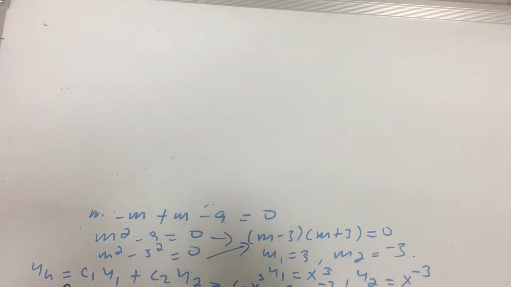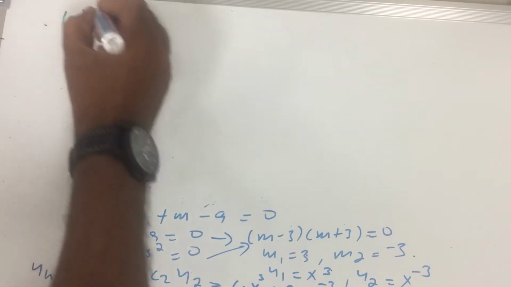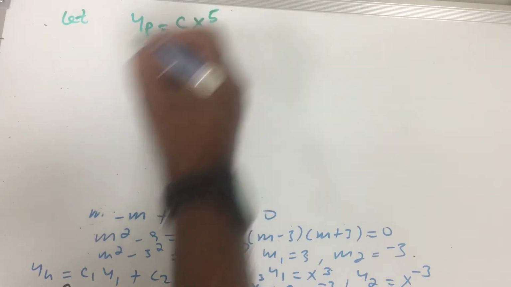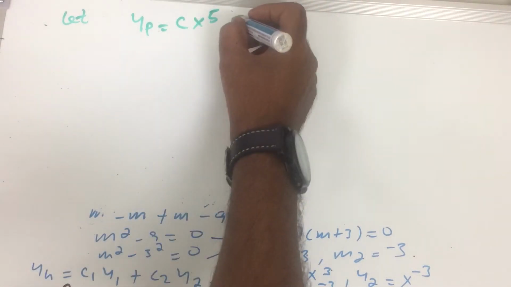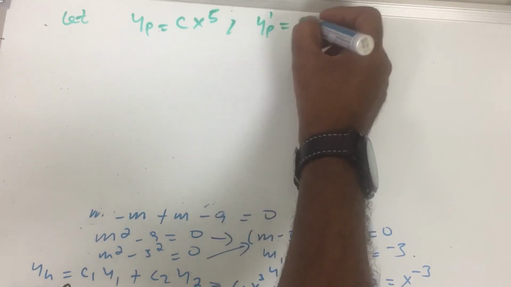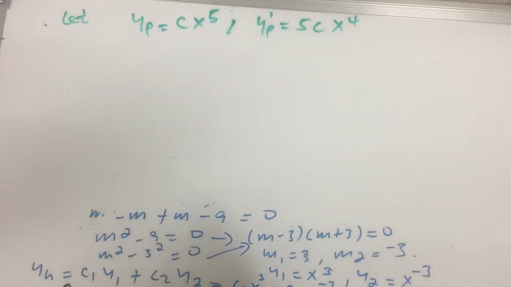From the undetermined coefficients concept, we can assume our value of yp. Let yp equal c x to the power of 5. Find its first derivative. It will be 5c x to the power of 4, right? 5 minus 1.